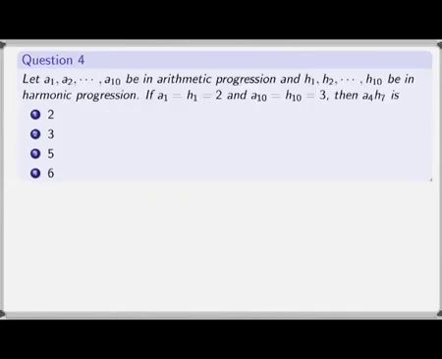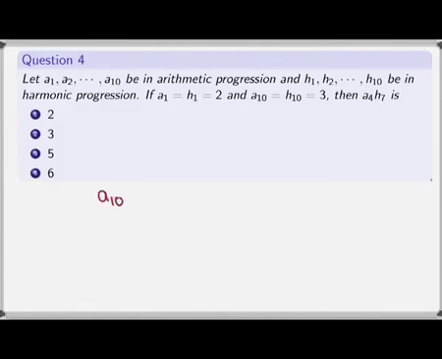Here is our fourth question. Let A1, A2 up to A10 be in arithmetic progression and H1, H2 up to H10 be in harmonic progression. If A1 is equal to H1 is equal to 2 and A10 is equal to H10 is equal to 3, then we shall find out the value of A4 into H7. Let us first write what is A10.